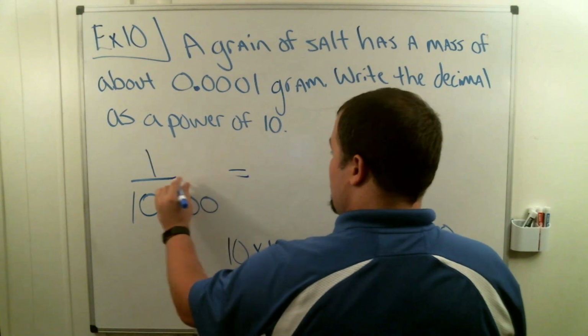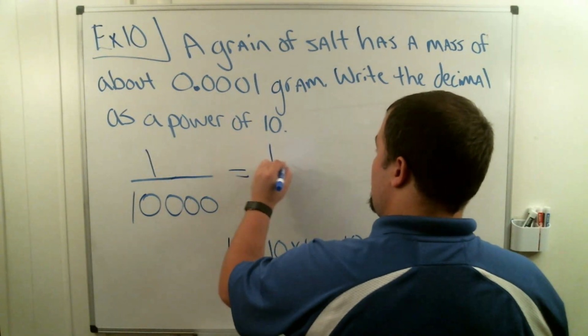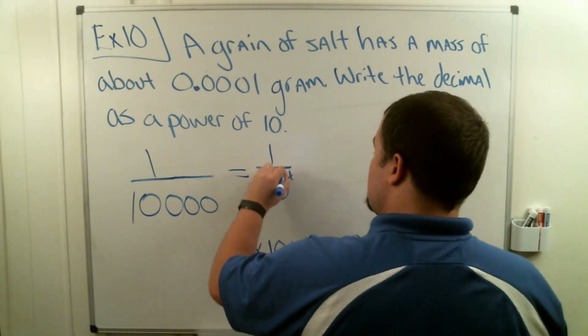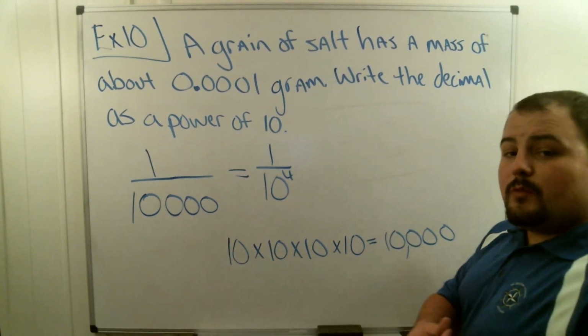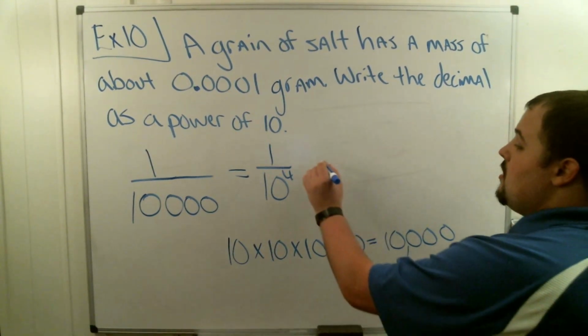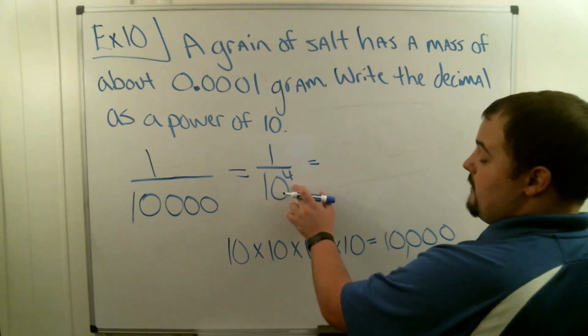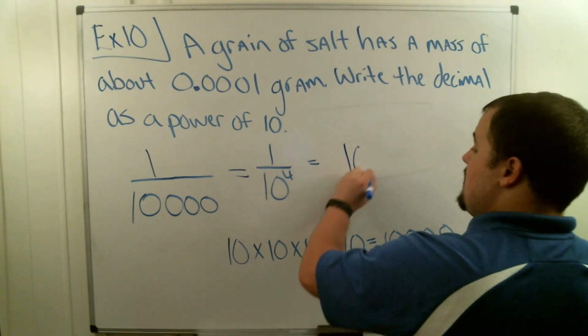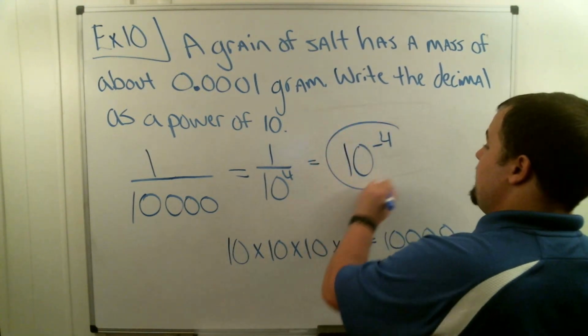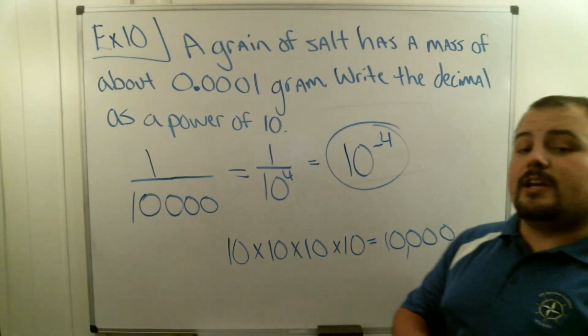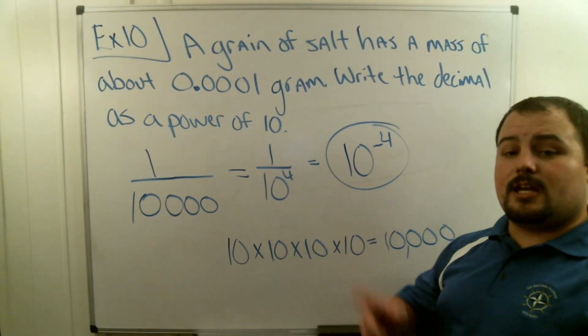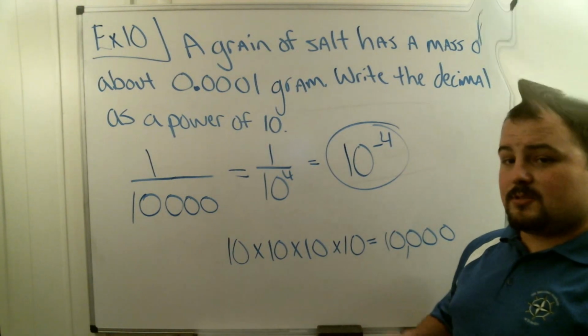So 1 over 10,000 would equal 1 over 10 to the fourth power. And if we wanted to change that to a negative exponent, all we have to do is say if it's positive on bottom, it becomes a negative whenever we take away the 1. So we just wrote it as a power of 10. 10 to the negative fourth power would be our answer to this problem.